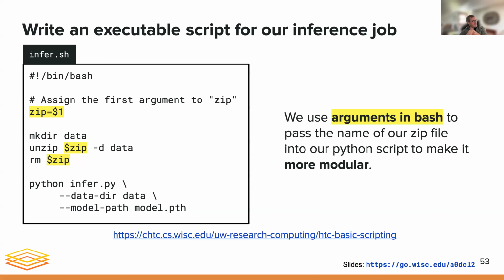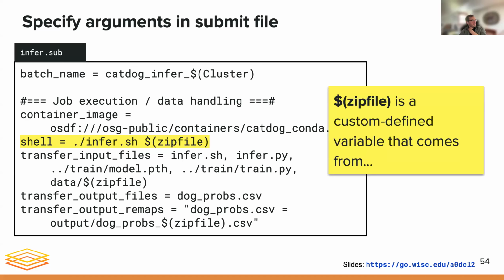When we run the script, we're going to say infer.sh, and then we're going to pass a name of a zip file. And we're going to assign that name of a zip file to this variable zip. Then within our wrapper script, we're going to unzip that file, do a little cleanup, and then run our inference. So we're using arguments to pass in the name of the zipped data file.